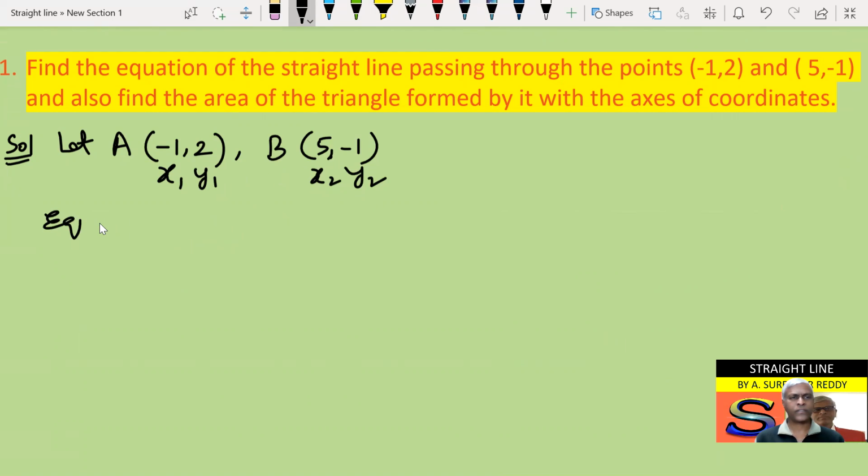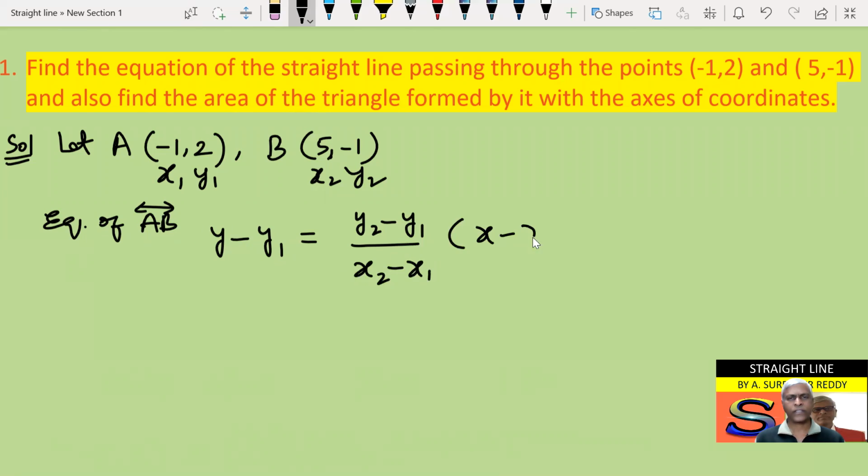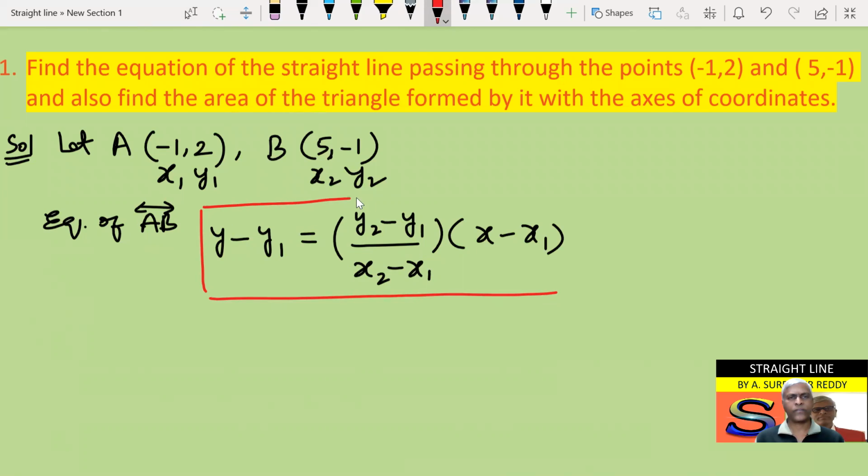The equation of the straight line AB passing through these is y minus y1 equals (y2 minus y1) by (x2 minus x1) into (x minus x1). This is the 2-point formula, and the 2 points are given. This is the formula to find the equation of a straight line.